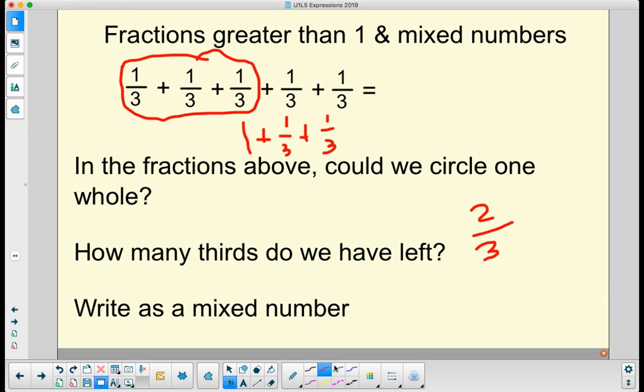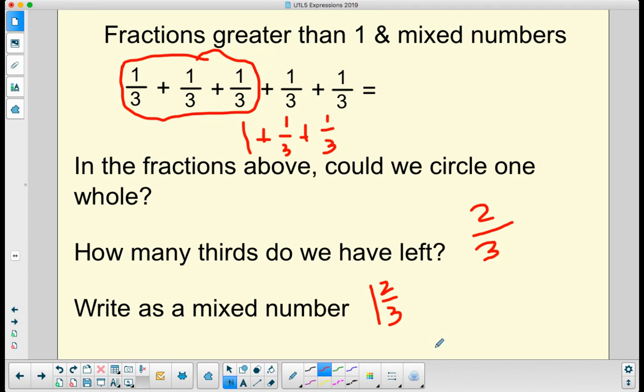So now let's write it as a mixed number. We have one whole, and we have 2/3. We have 1, and we have 2/3. 1 and 2/3.